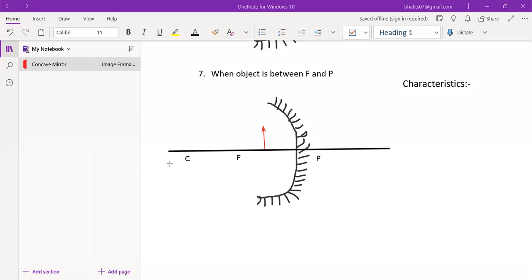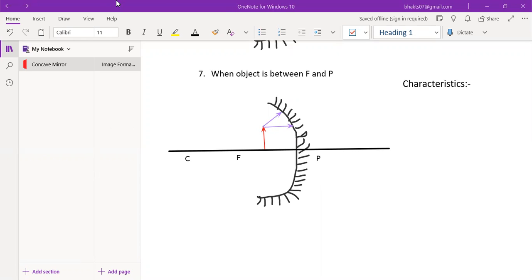Now let us see the last case, what it is. When object is between F and P, that is focus and pole. So the red arrow represents the object which is placed. This is the first ray incident on the mirror. And this is the second one. So the purple are the incident rays.